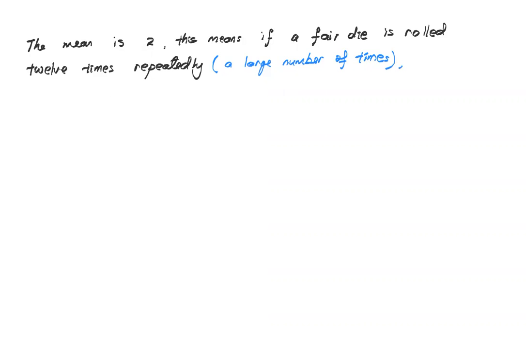So the expected value of the outcome is 2 per experiment.